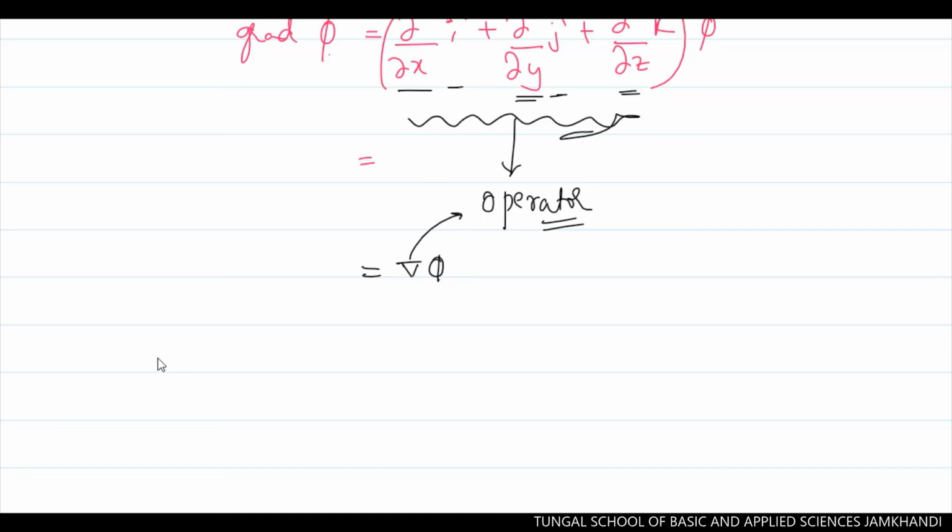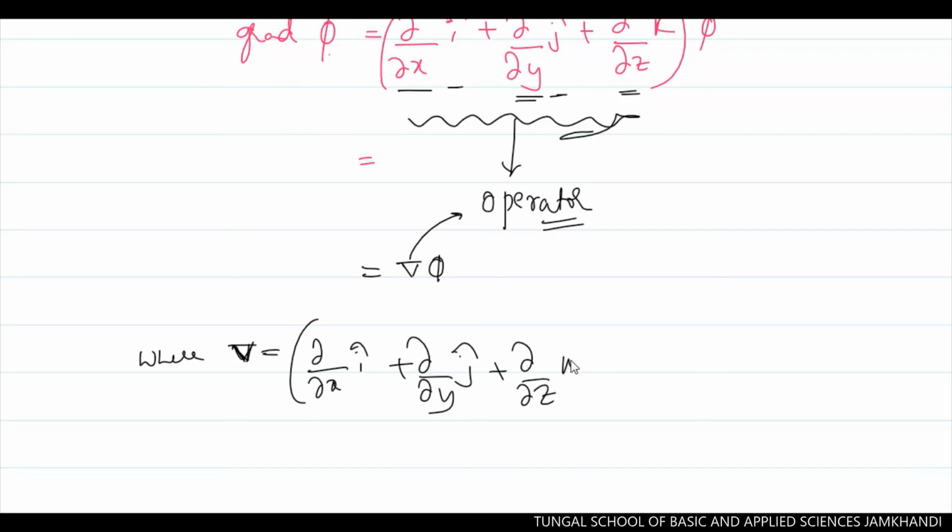Now I can write this del as grad, or it's called the grad operator. So the grad operator can be written as dou by dou x of i cap plus dou by dou y of j cap plus dou by dou z of k cap.